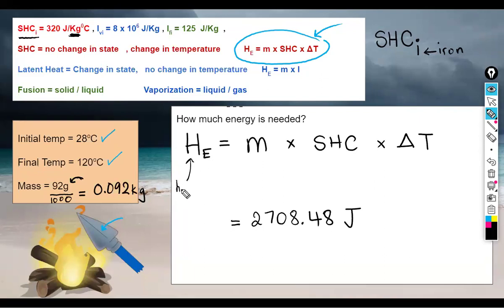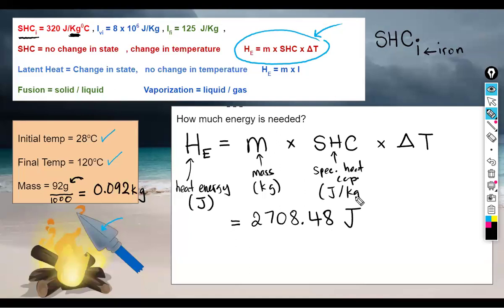Like you say the HE, this stands for what? Heat energy, and in brackets, put the units that you're using. This is mass, and in brackets, put kilograms. And then you have to spell out, this is what? Specific heat capacity. You need to spell it out in the exam, and in brackets, you need to put the units. And this stands for what?